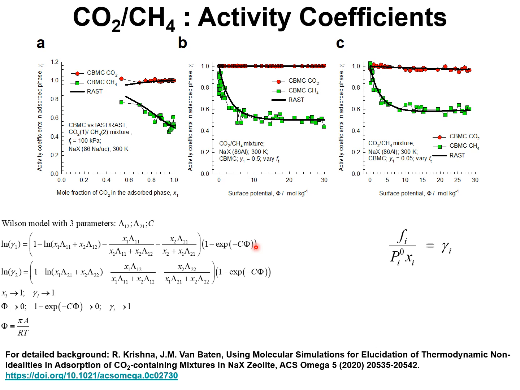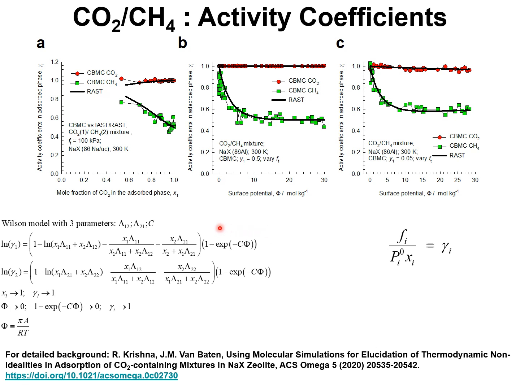This ensures that as the pore occupancy approaches 0, ln gamma of component 1 and 2 both approach 0, and therefore gamma, the activity coefficient of each of the gas adsorbates, tends to unity.